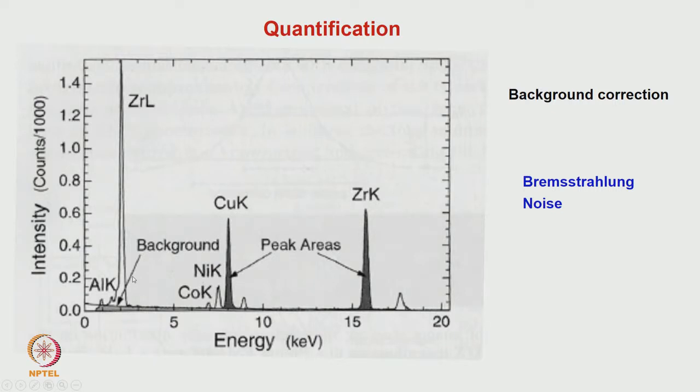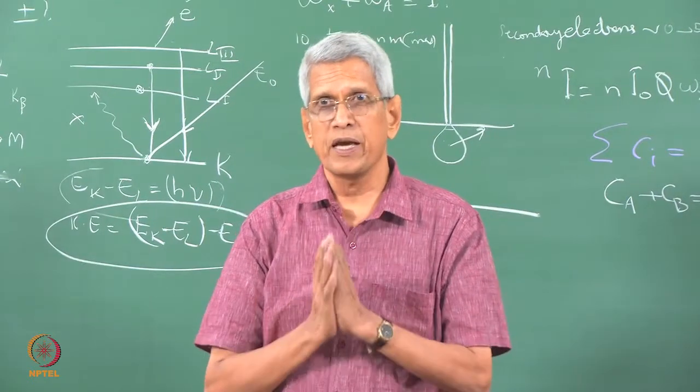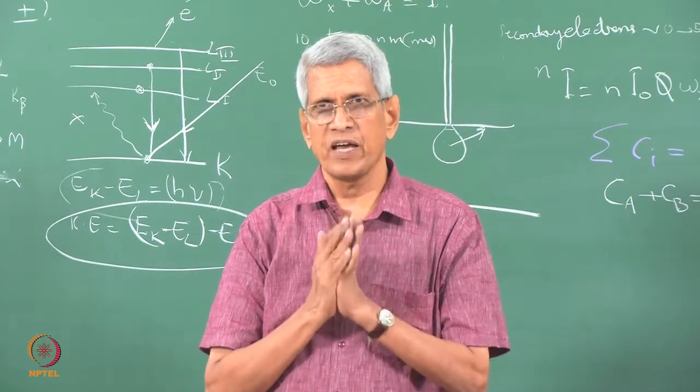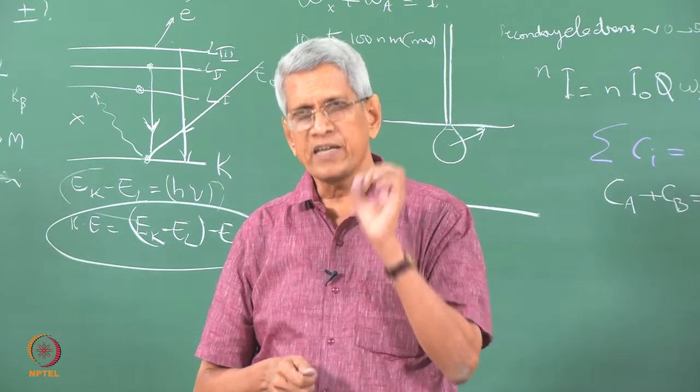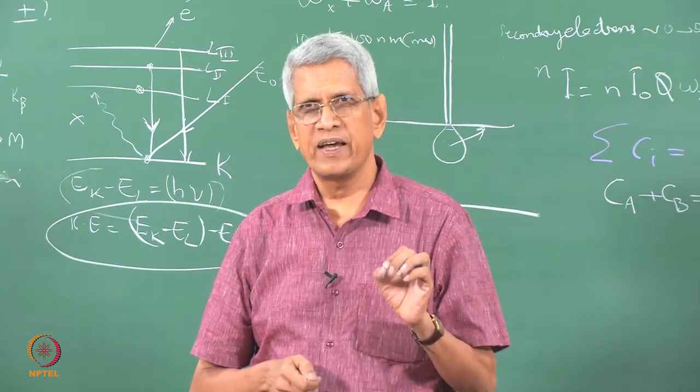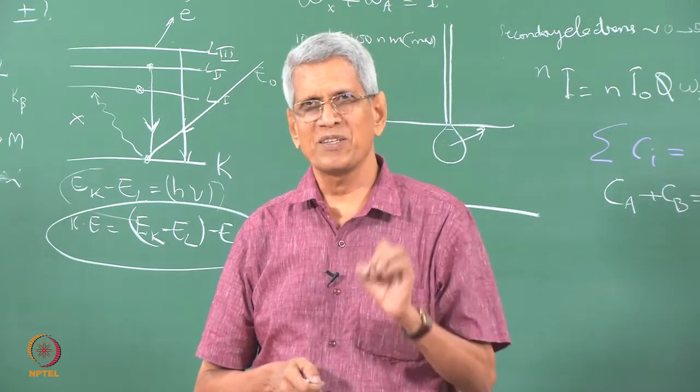Then only do we know how many counts are coming exactly from the sample, that is from the elements which are present on the sample, and not due to Bremsstrahlung or a background, at that position. Okay. So, in a real EDS spectrum, that is where one has to be extremely careful, because most of the software which is available gives some calculation analysis, but one should take sufficient care to see to it that all the spurious information is eliminated before one does quantification.